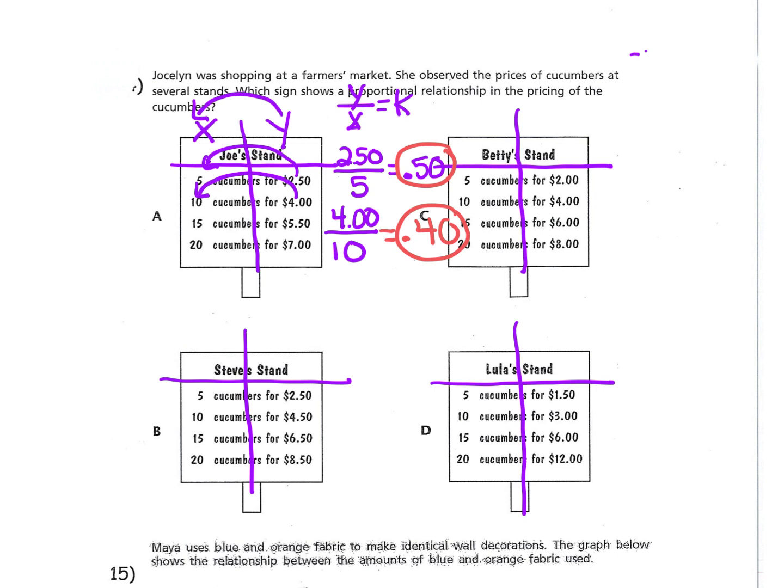So therefore, this is not a proportional relationship. You're going to take each one of these tables and test Y over X and see which table has a consistent, steady rate. Complete that on your own. Pause the video, and when you're ready, turn the video back on and continue on.